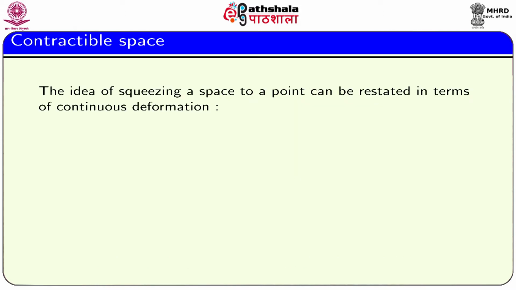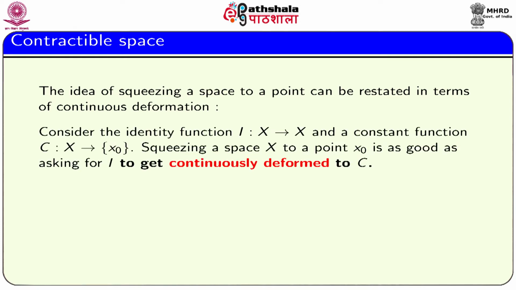The idea of squeezing a space to a point can be restated in terms of continuous deformation. Consider the identity function I from X to X and the constant function C from X to x0.